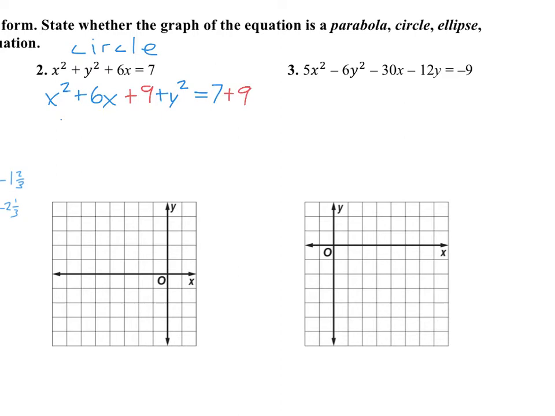So this is going to be x plus 3 squared plus y squared equals 16. They don't ask for it, but it might be helpful if we write the center is negative 3, 0, and the radius is 4. So let's graph that. We go to the center and we go up, down, left, and right 4 units.